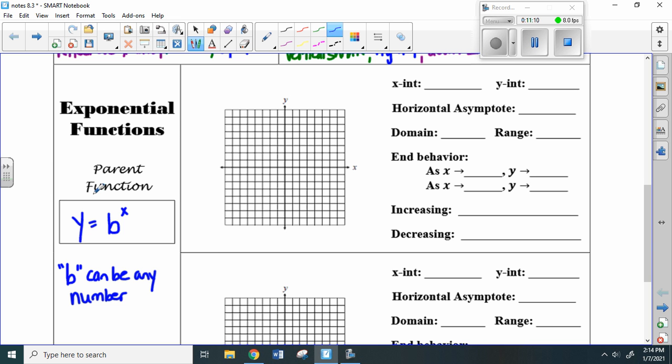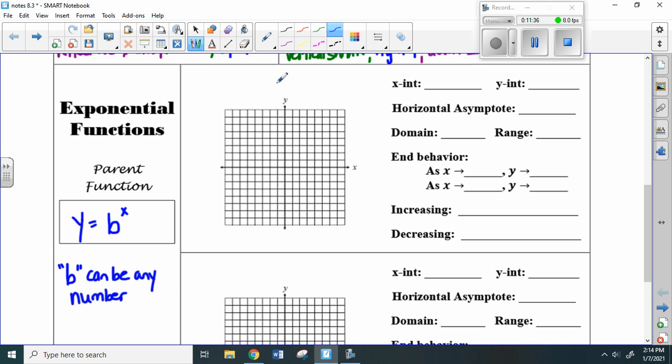Okay, so when would you see exponential functions in the real world? Well, have you ever heard, like in science, that the population grows exponentially? That is an exponential function. Population growth can be represented by an exponential function.